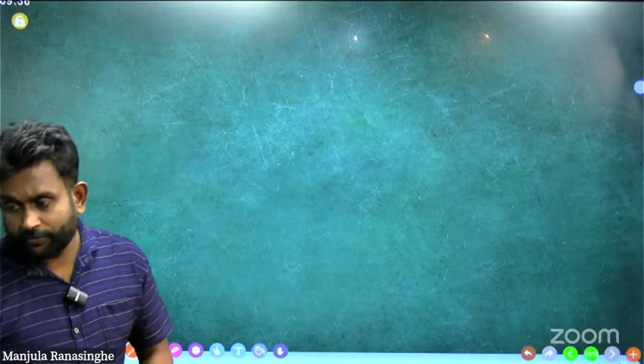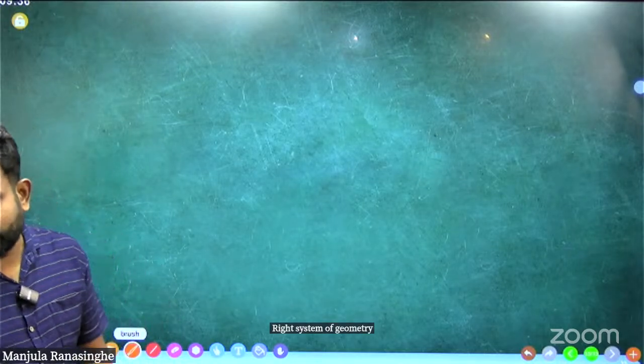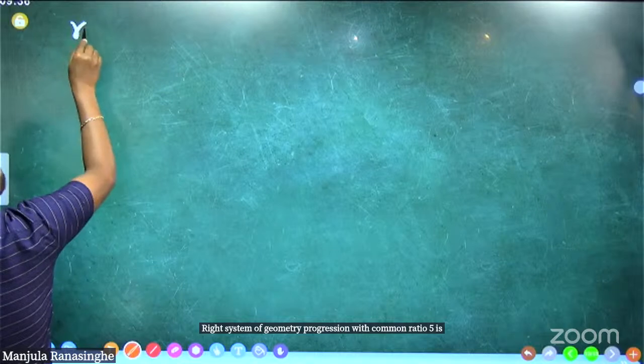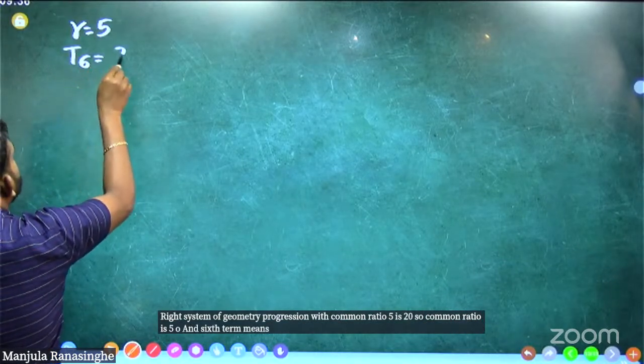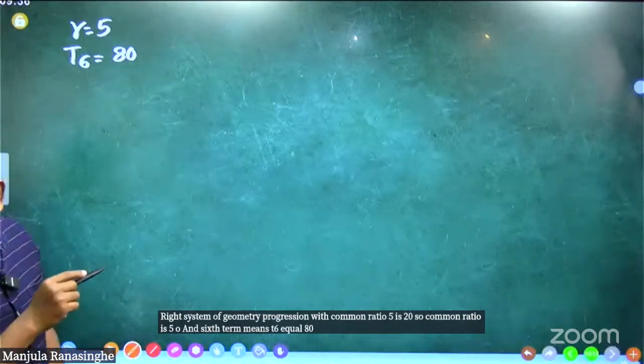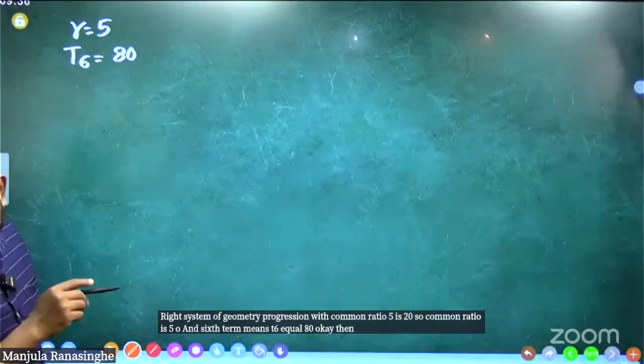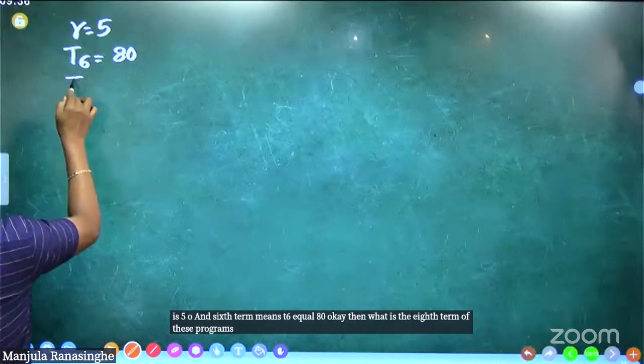So common ratio is 5 and the sixth term means T6 equal 80. Then what is the eighth term of this progression? They are asking T8.